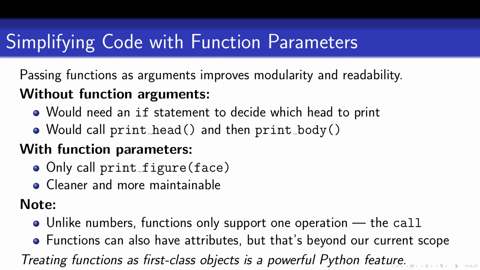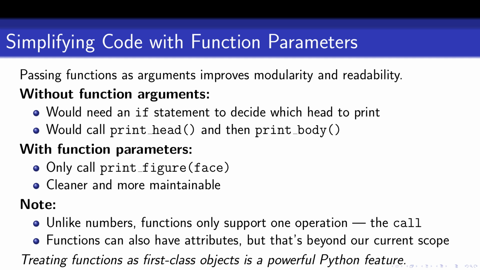Here we will explore how passing functions as parameters can simplify and clean up your code. Without function parameters, you might need to use conditionals or repeated calls to different functions. But by passing a function into another function, like printFigure with the parameter face, you can choose which specific behavior to execute without rewriting logic. This allows your program to stay flexible and scalable.